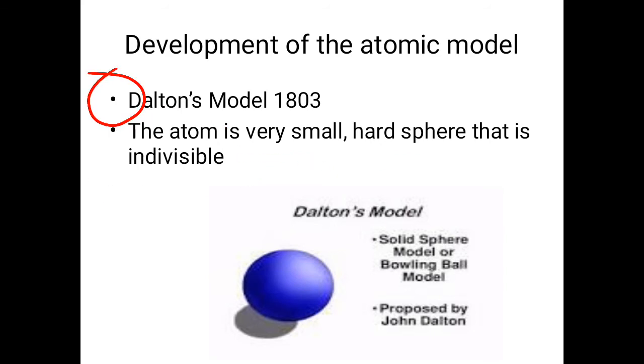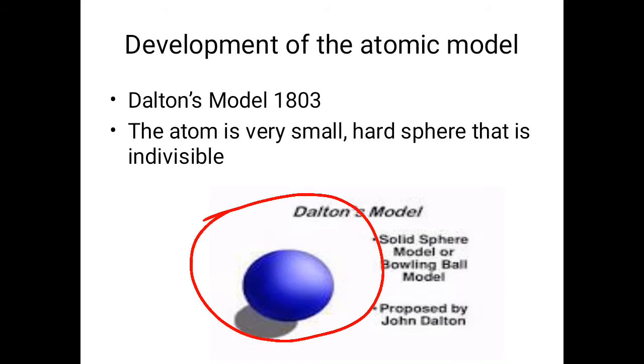Indivisible means the particle which cannot be divided, the particle which behaves as a unit, the particle which is the functional unit of matter. So John Dalton proposed that the atom is a sphere which cannot be cut into halves.